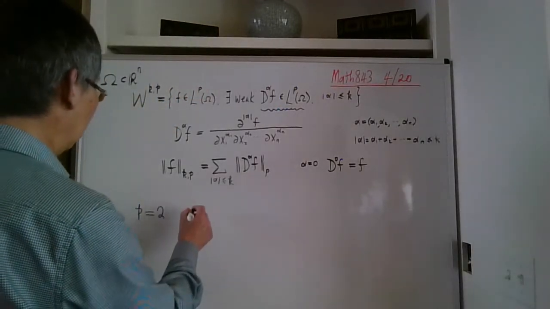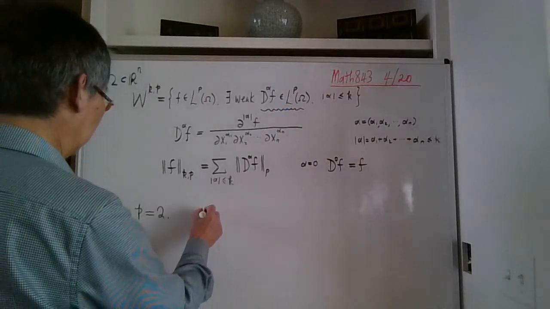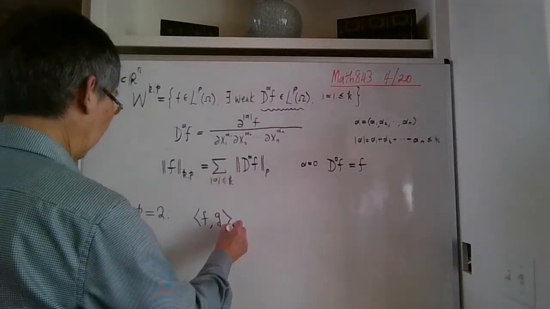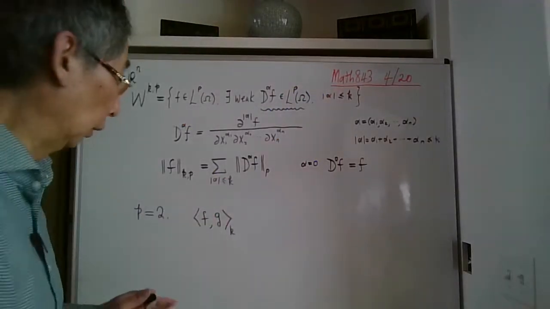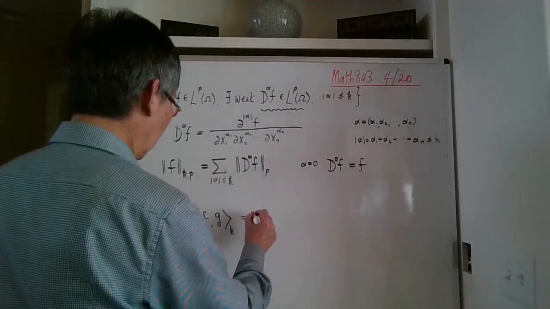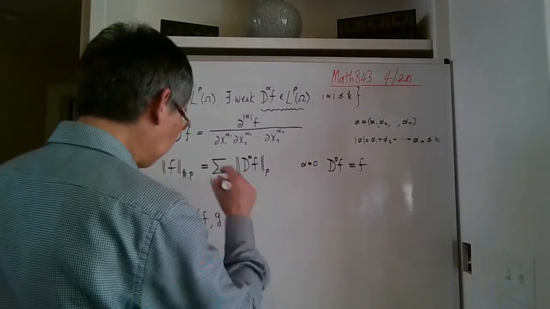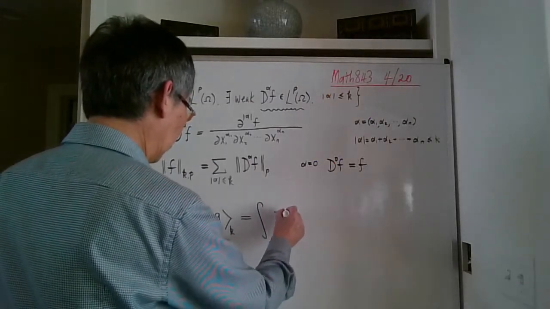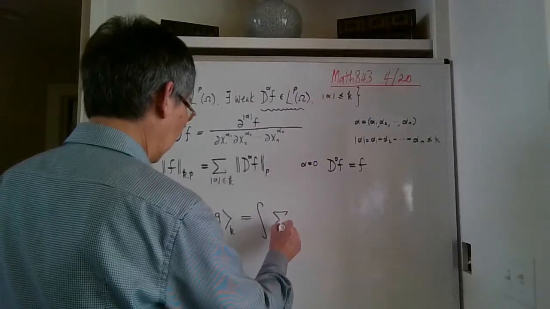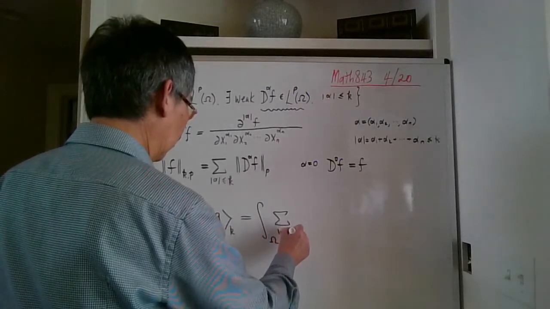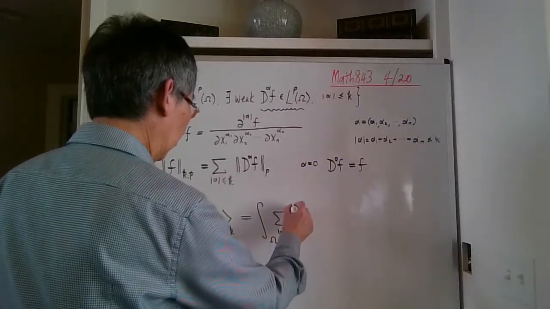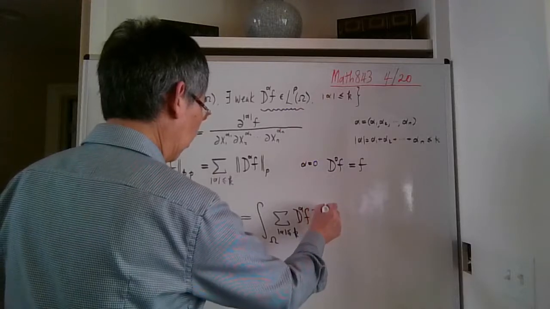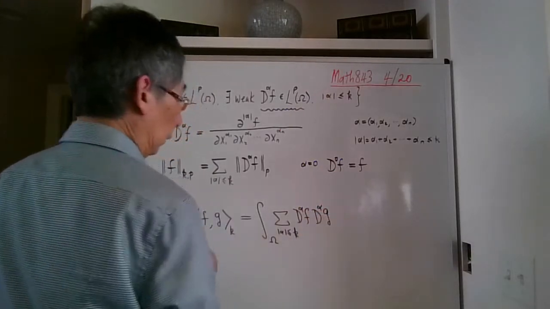So how do you see that? When p equals 2, you can define the inner product of f and g in W^{k,2} as the integral over omega, the sum over alpha less than or equal to k, of D^alpha f times D^alpha g.